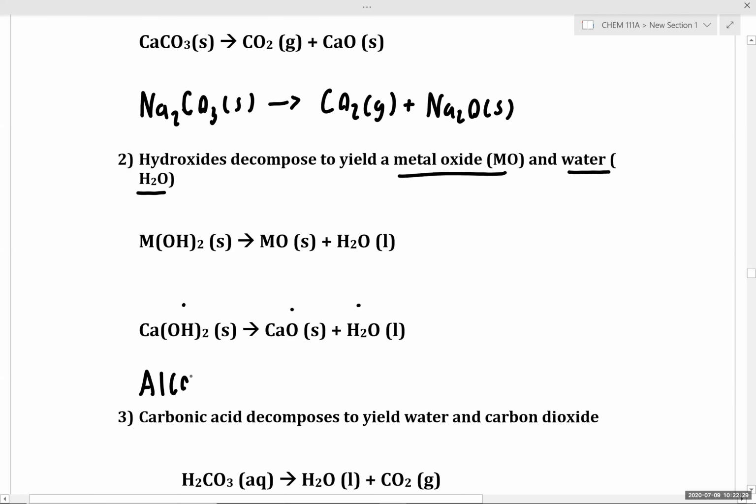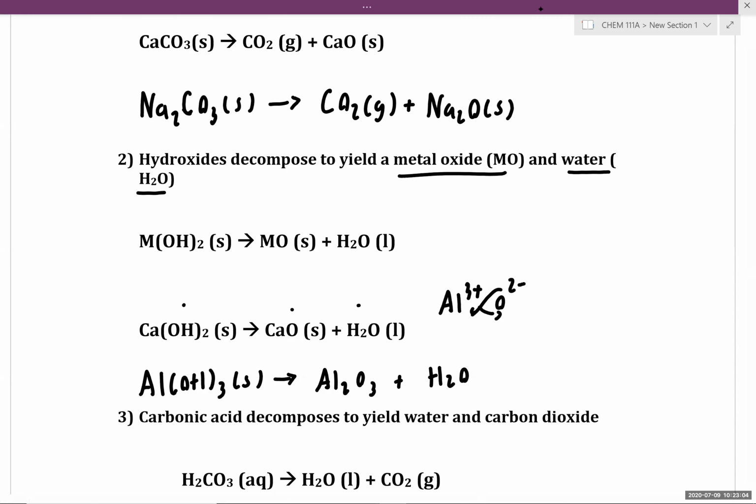Let's look, if we have, for example, aluminum hydroxide, what products will we get? Aluminum oxide? Yep, exactly right. So we take aluminum 3+ and O2- and cross our charges. That gives us Al2O3. And we also generate water.